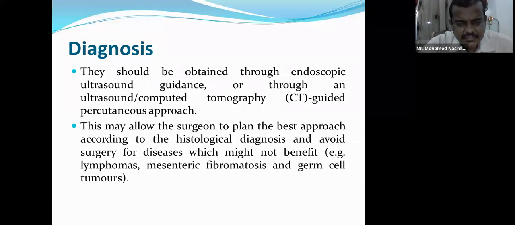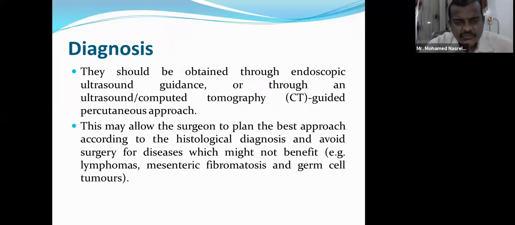Here is the differential diagnosis of these huge tumors in the upper abdomen and left upper quadrant: mainly lymphomas, mesenteric fibromatosis, and germ cell tumors, especially in patients less than 40 years, and non-seminomatous tumors.